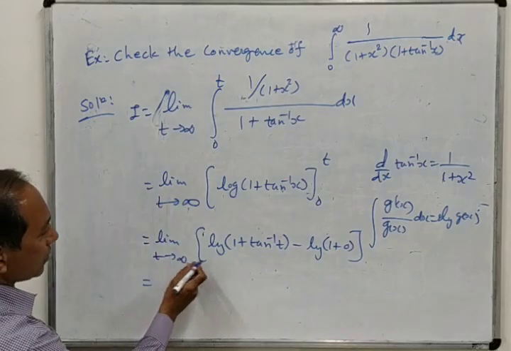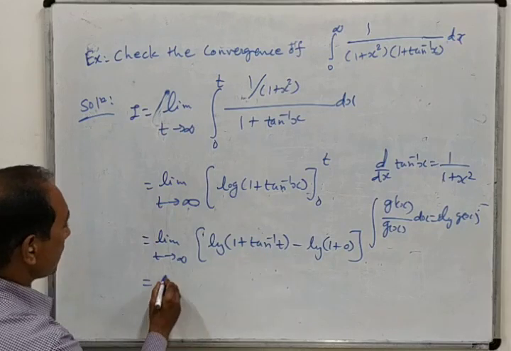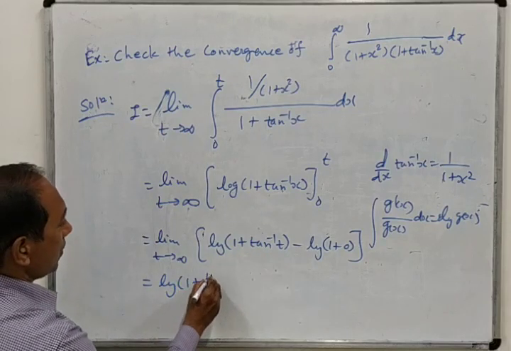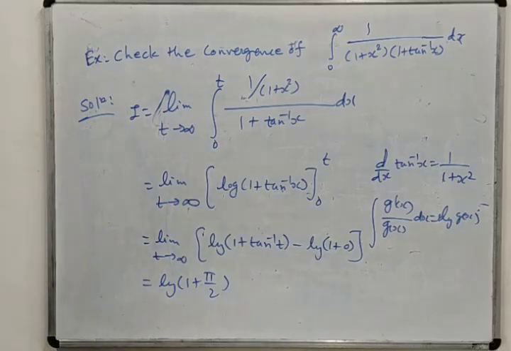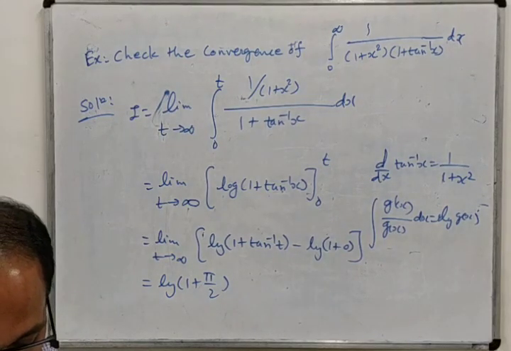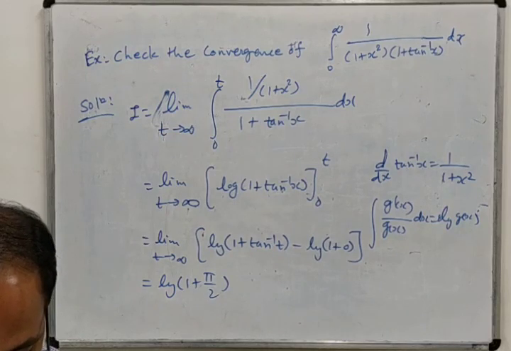If we put t tends to infinity, tan inverse infinity is pi by 2, and log of 1 is 0. So that is the answer. You must have seen that this is the answer of this problem.